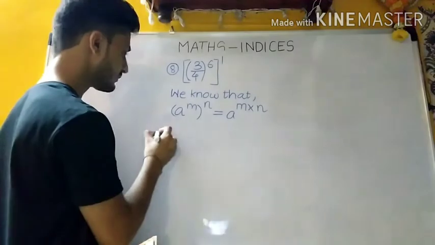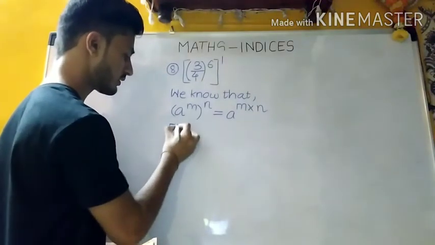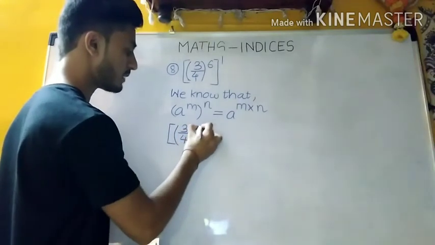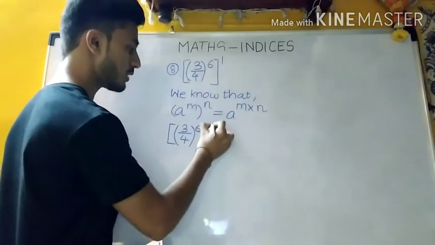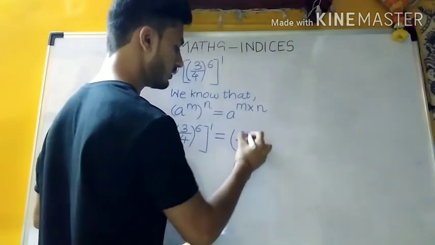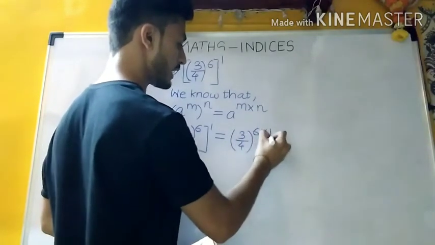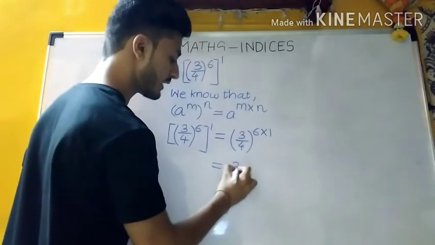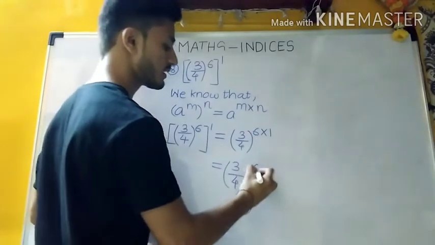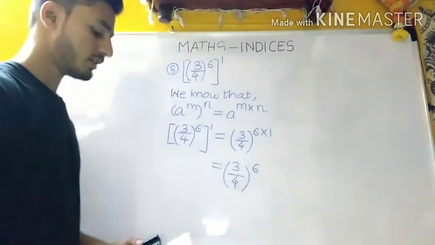It will be 3 upon 4 raised to the power 6 raised to the power 1. So it will be 3 upon 4 raised to the power 6 multiplied by 1. So the final answer is 3 upon 4 raised to the power 6, as 6 ones is 6. So this is your final answer.